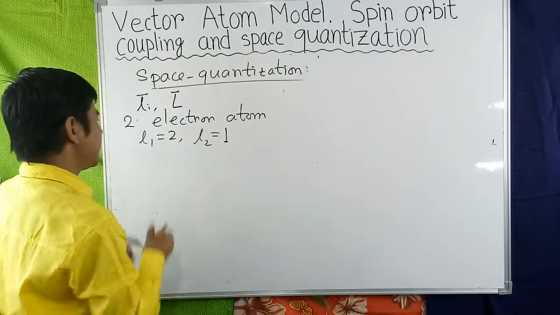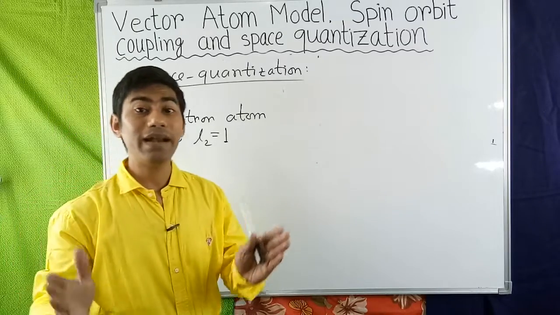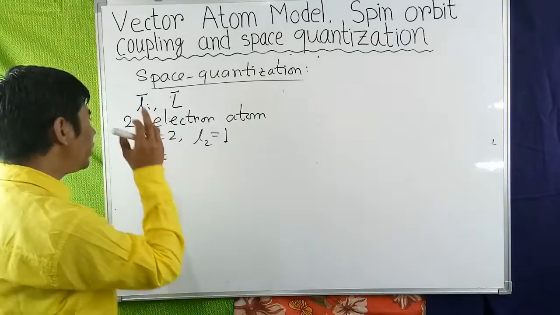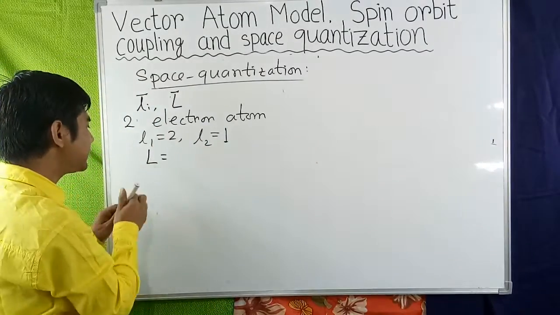L has three values, that is L1 plus L2 to L1 minus L2 in equal steps of unity. So here for a 2 electron atom with L1 equals to 2 and L2 equals to 1, L has three values.